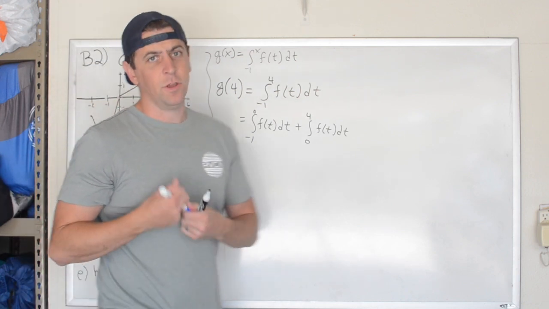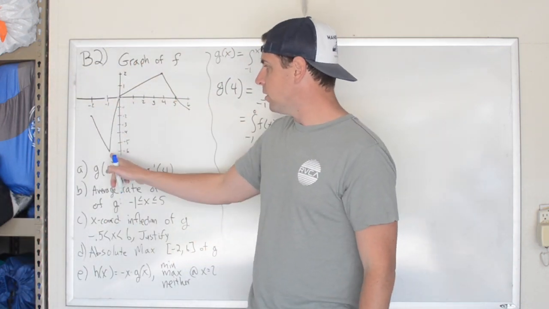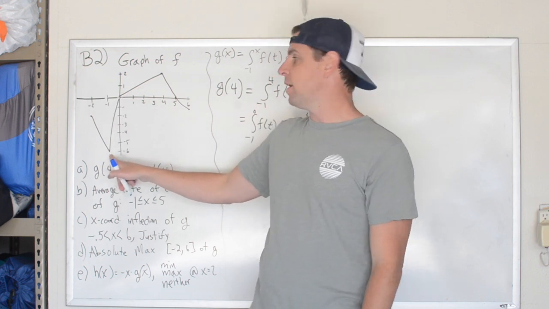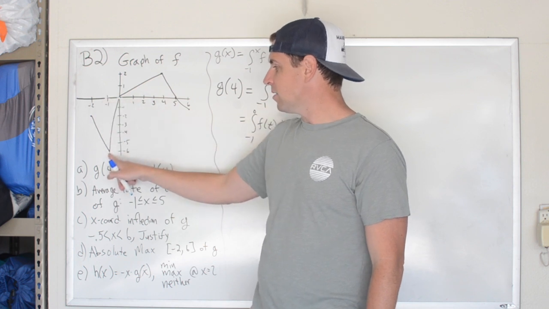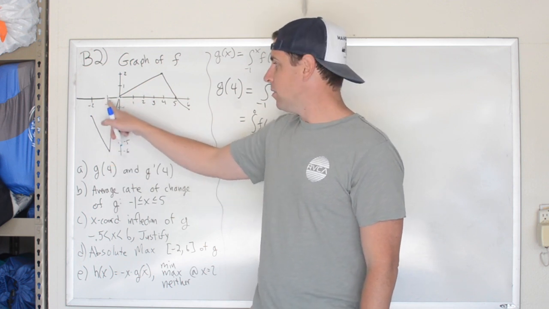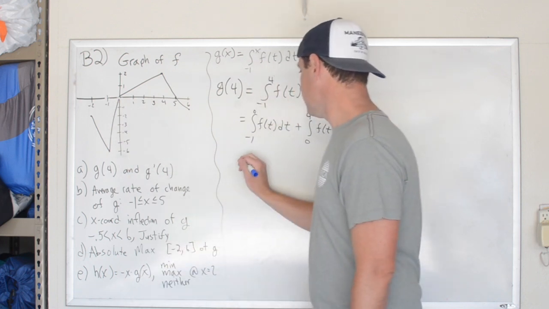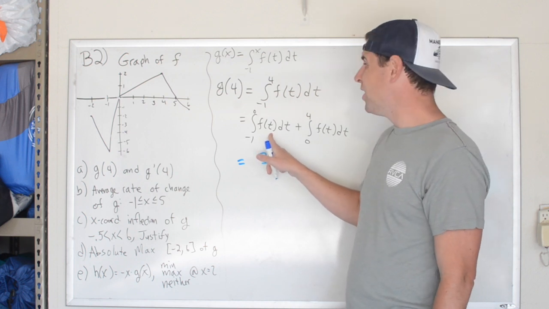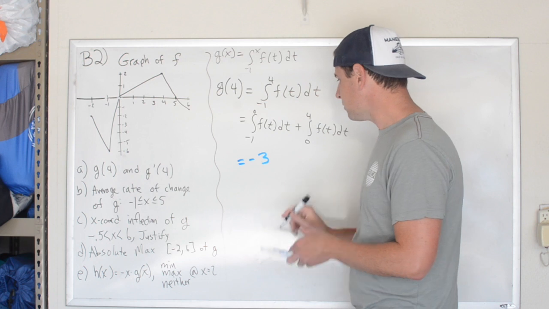When I look at this one, from -1 to 0, you can see here that this forms a triangle. Remember, the area of the triangle is 1/2 base times height. The base being 1 here, the height being 6, and then half of that. So 1 times 6 would be 6, half of that is 3. But remember, this is below the axis, so this is going to be a negative area, or -3.